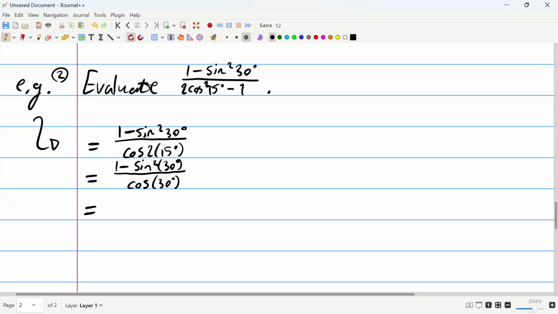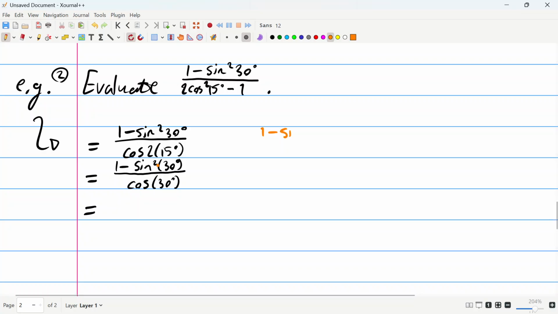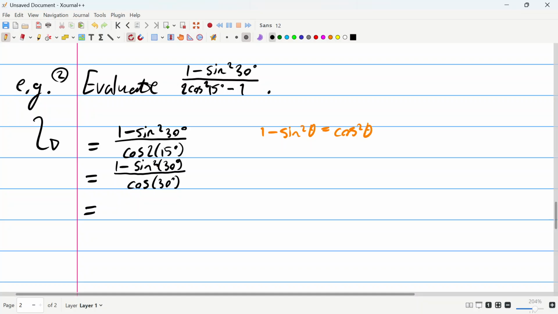Cool. Now what? In this case over here, notice that 1 minus sine squared 30, we can actually get another variation of this. Notice we can use that one identity that tells us that 1 minus sine square of theta is equal to cos squared theta, if you remember the other identity.